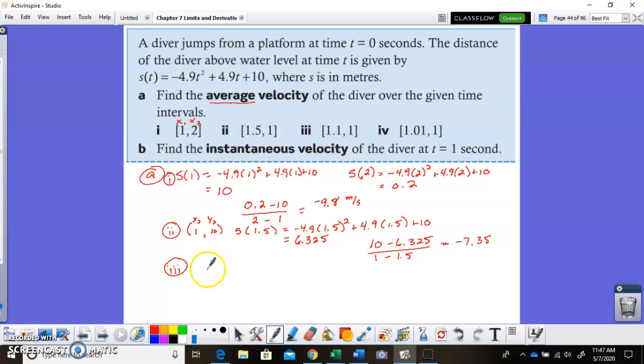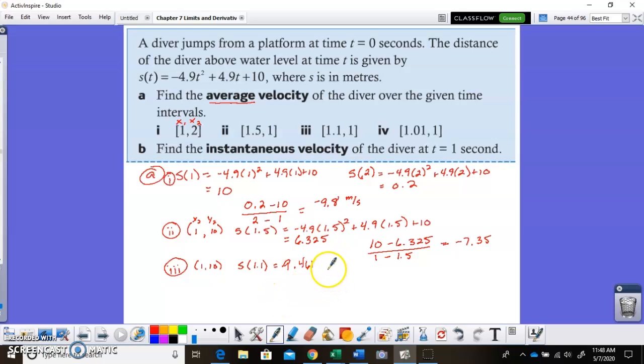Okay, and number 3, we have the second point, which is 10, and we need the first point, which we have to find at 1.1. You can see we're looking at smaller and smaller intervals here, and that's what it's trying to get us to look at. So I'm doing negative 4.9, and I'm putting 1.1 in for those values instead of 1.5 now, and I'm getting 9.461.